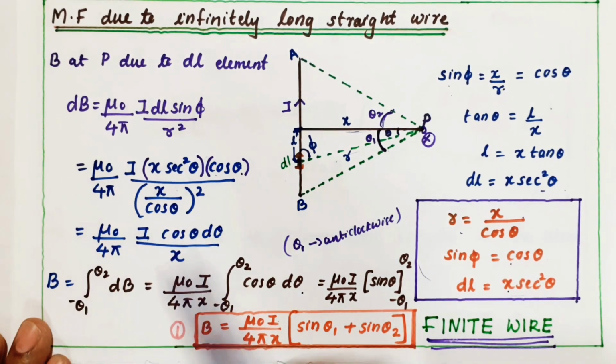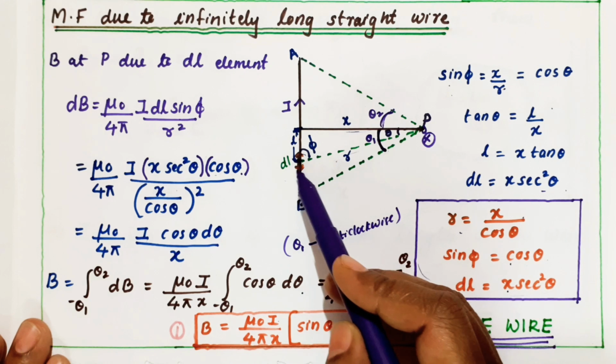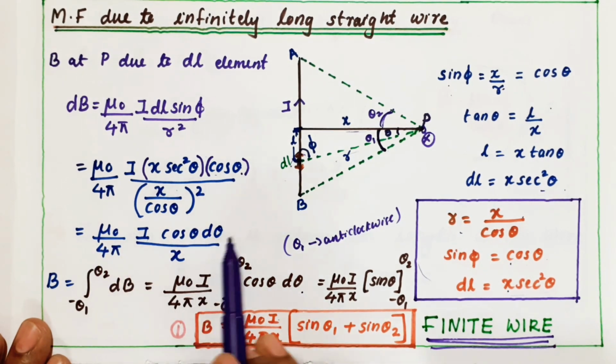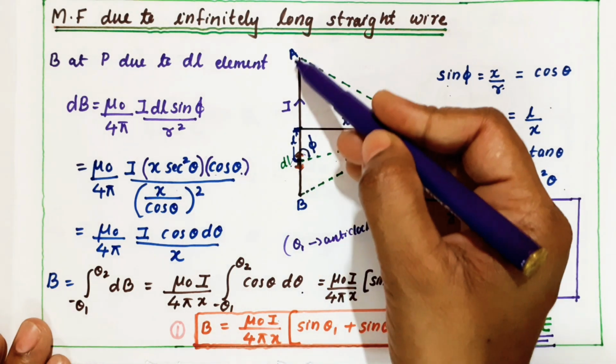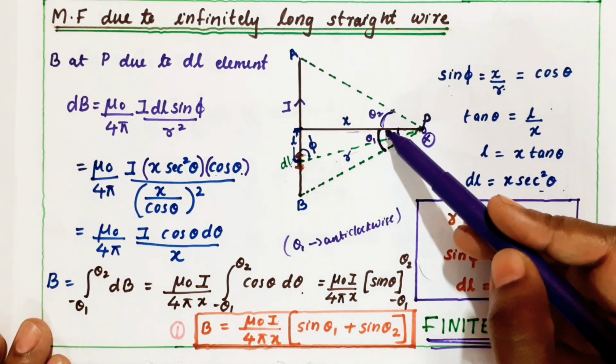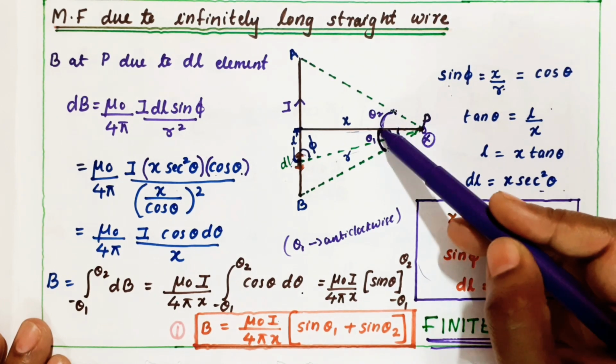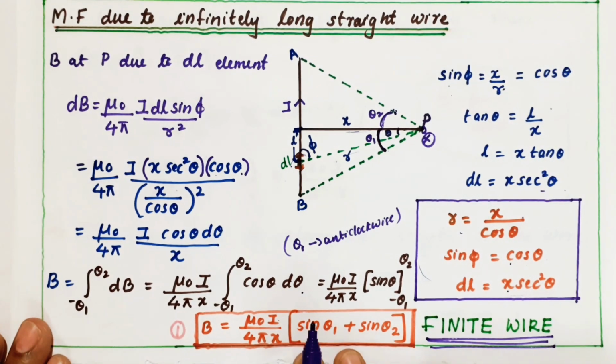Then I got the magnetic field due to this element, that is mu naught I by 4 pi x into cos theta d theta. But I need it for the total length, so I have taken the angles with respect to the center point: theta 2 in the clockwise direction and theta 1 in the anti-clockwise direction.